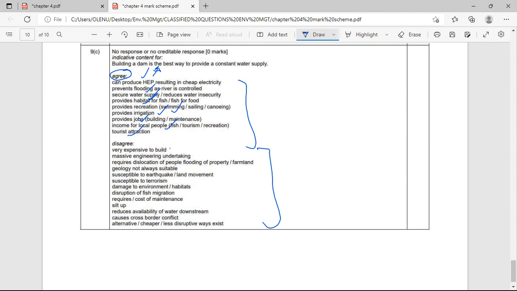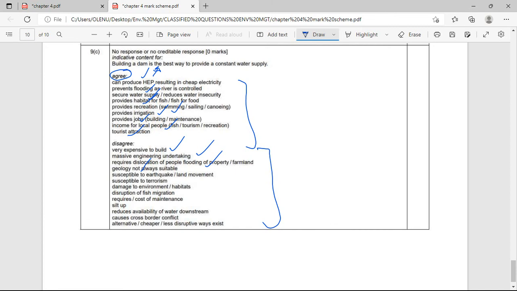But the disadvantage is it is expensive to build, and massive engineering needs to be undertaken. So you spend more money in the process. It requires dislocation. People have to leave the areas because of flooding, and damage to their properties can also occur. Geology is not always suitable because it needs a very strong bedrock for the dam to stand.